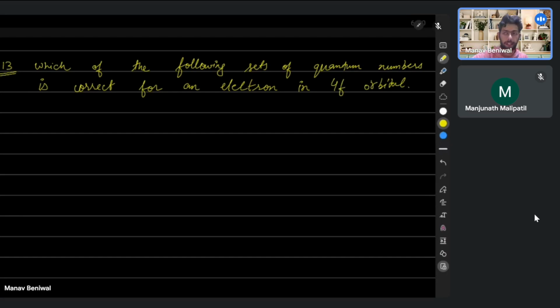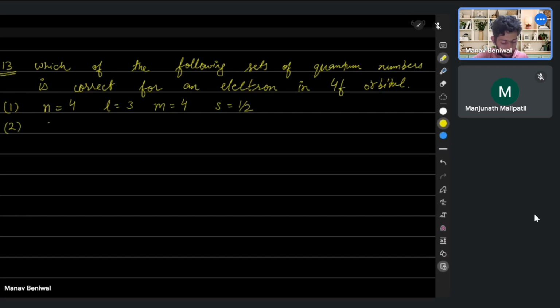So we have one electron in 4f orbital, and what we are asked is which of the following sets of quantum numbers is correct. First set is n is 4, l is 3, m is 4, and s is half.